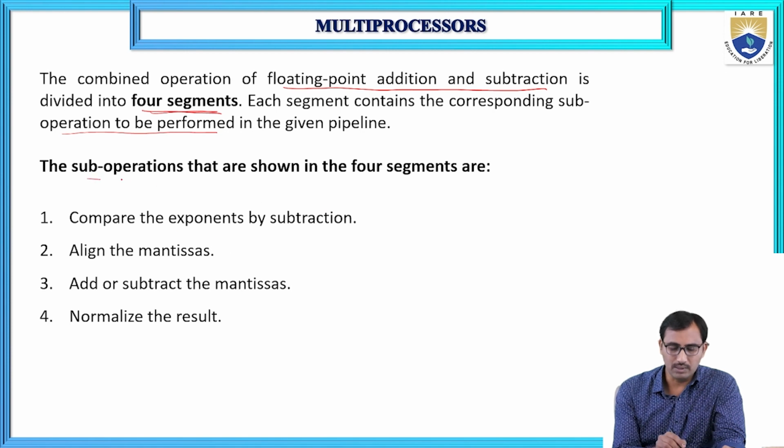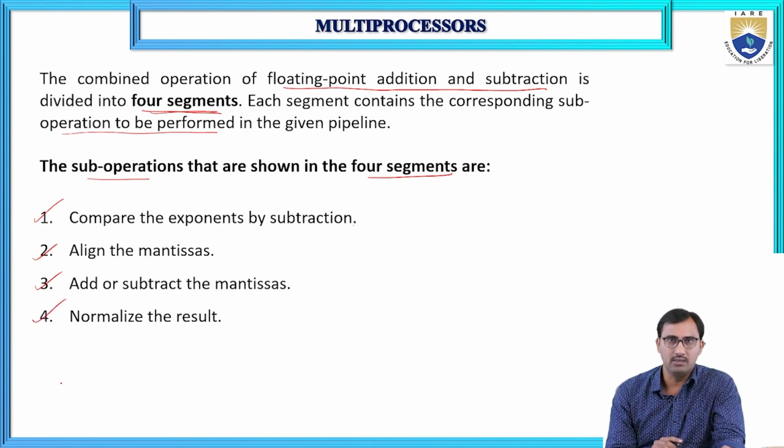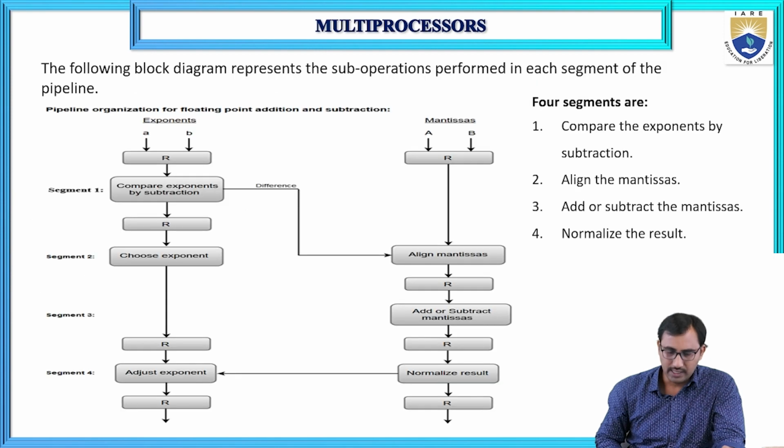These are the four sub operations: first, compare the exponents by subtraction; second, align the mantissas; third, add or subtract the mantissas; and finally, normalize the result. This is how floating point addition and subtraction takes place.